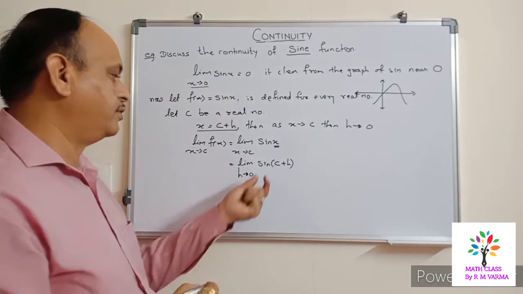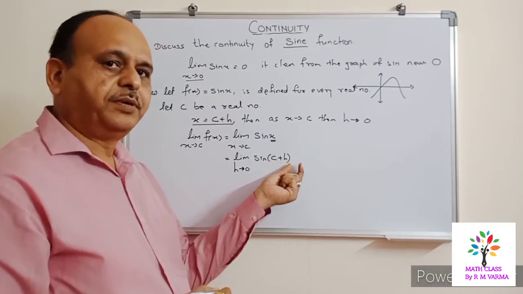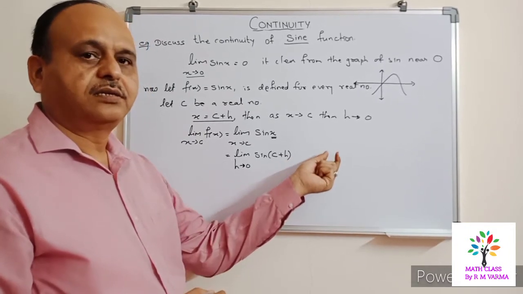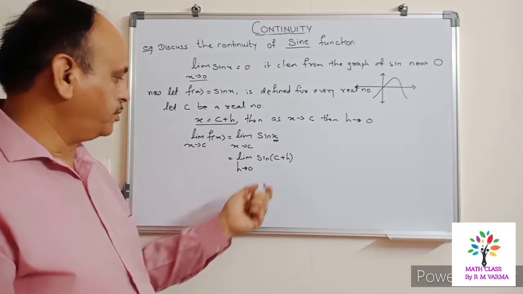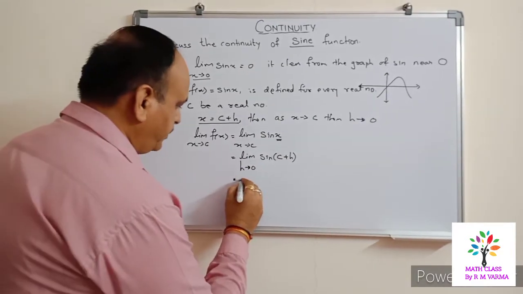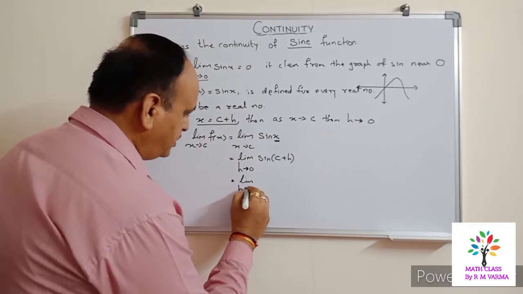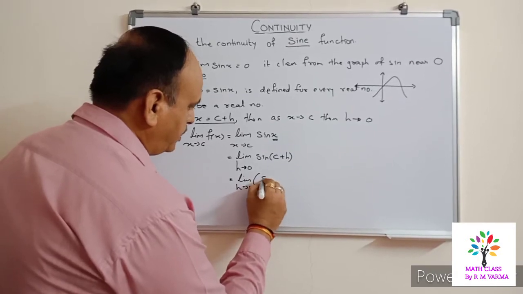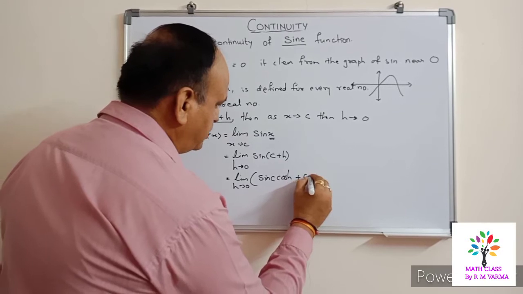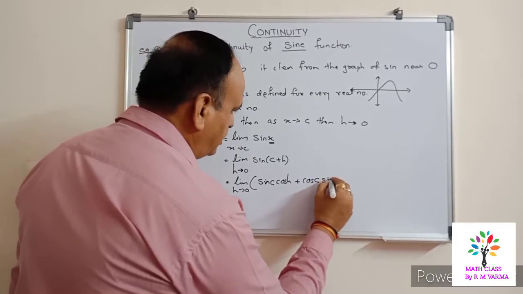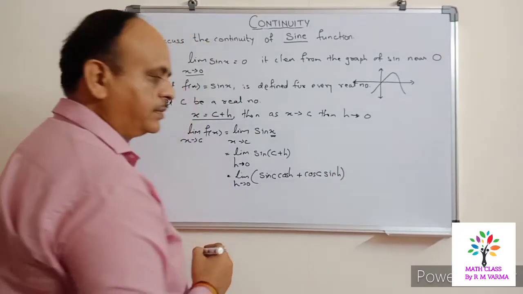Now we know the formula of sin(a plus b). It is sin a cos b plus cos a sin b. Using that formula, we write down here: limit h tends to 0, sin c cos h plus cos c sin h.